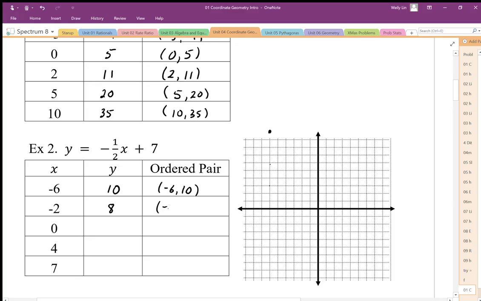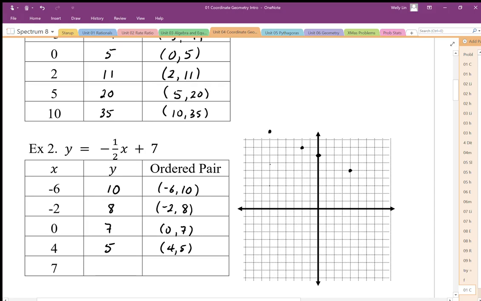I get an ordered pair of negative 2, positive 8, and a point right about there. 0 is going to give us 7. The ordered pair is 0, 7, and my point is right there. If I plug in 4, I get negative 2 plus 7 is 5. So 4 over, 5 up. There's a point there.